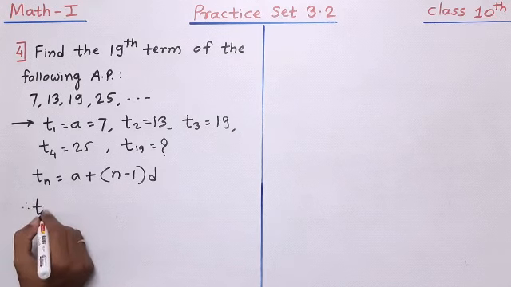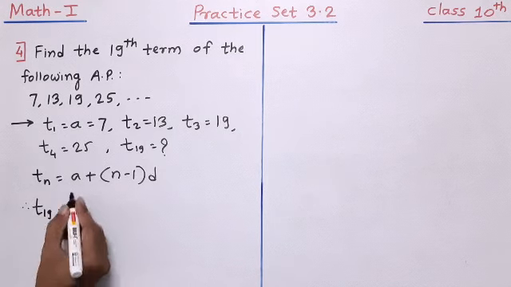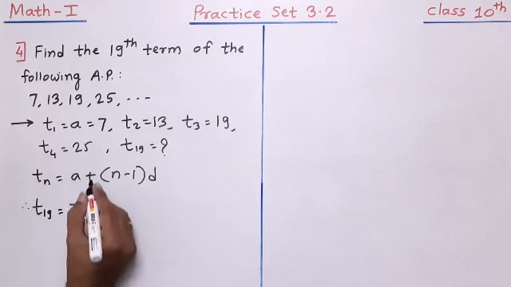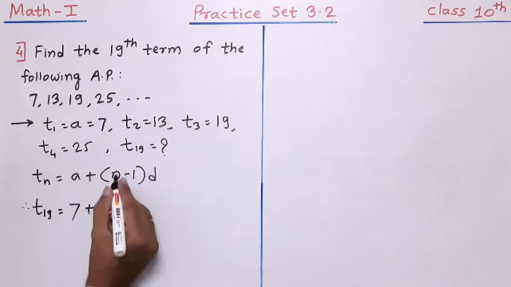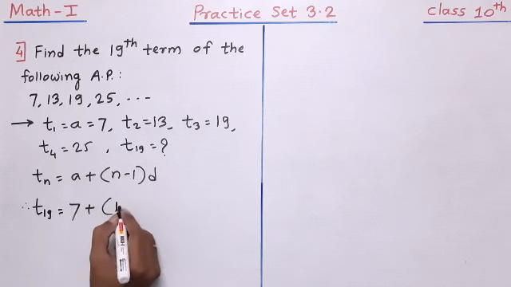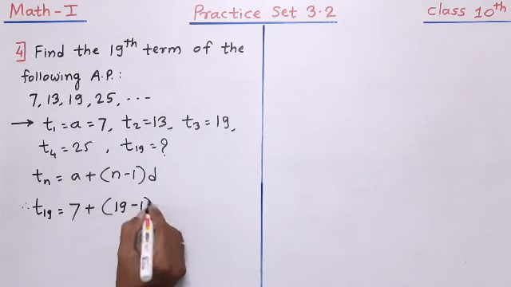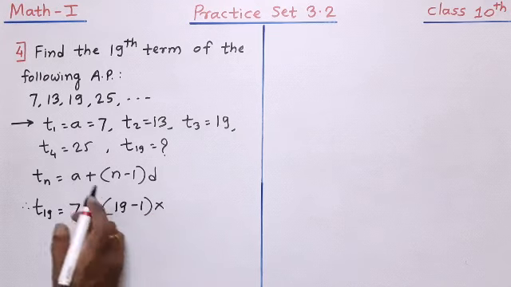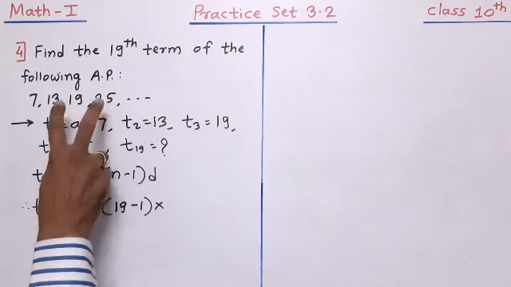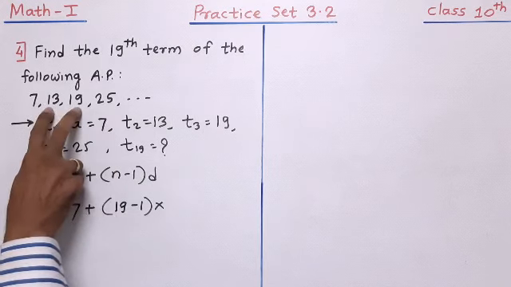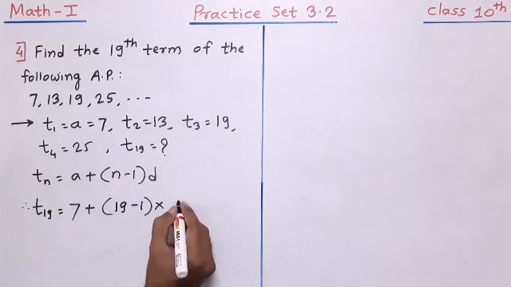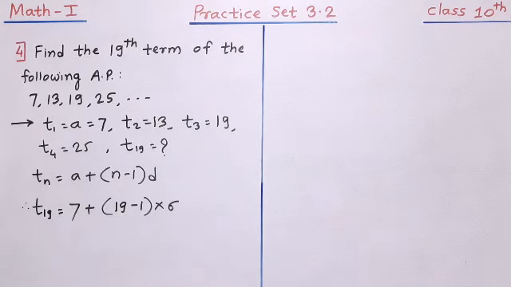So Tn, means T19, is equal to A, the starting first term, 7, plus (n minus 1), where you put the value of n as 19, into d. See the common difference between two consecutive terms here. You can see the difference is 6. See here also it is 6. Here it is also common difference 6, so you can put the value of d equal to 6 here.